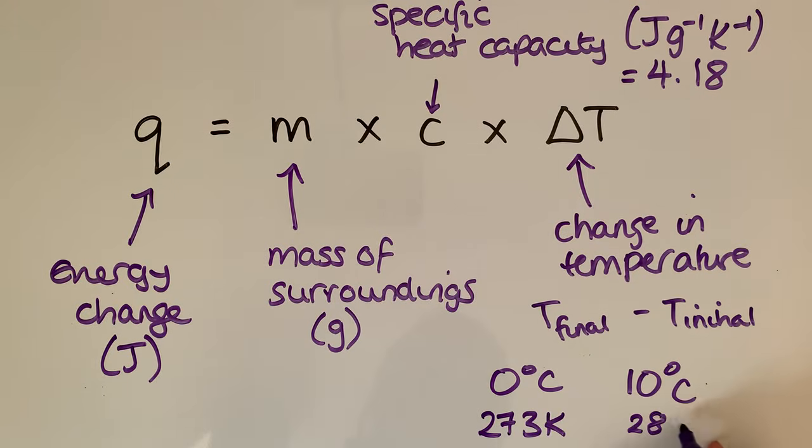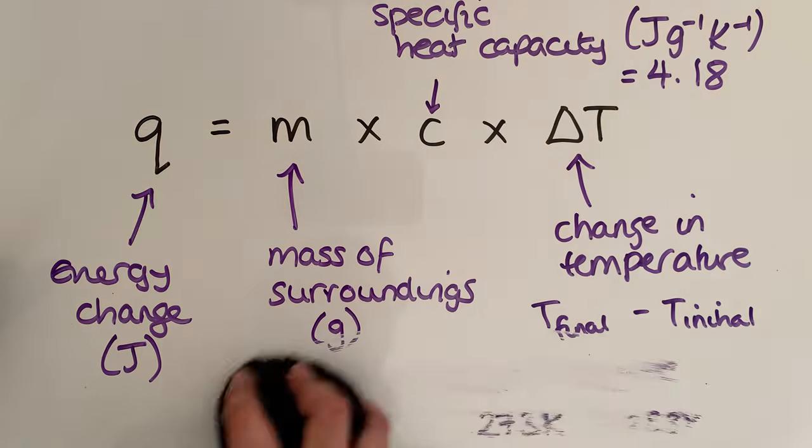This one is going to be 283 Kelvin. The temperature difference here, so between these two, is still 10, okay? So because we're working out the change in temperature, you don't have to waste time converting degrees Celsius to Kelvin, okay? You could just do it directly in degrees Celsius because you're just working out the difference between the two. Okay, so if we plug all those numbers in, we then get our Q, which is our energy change.